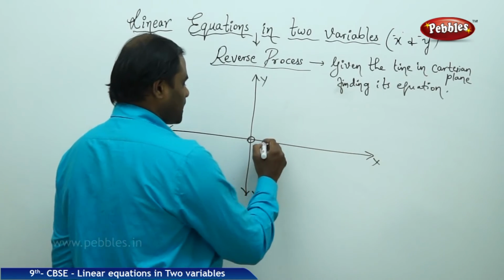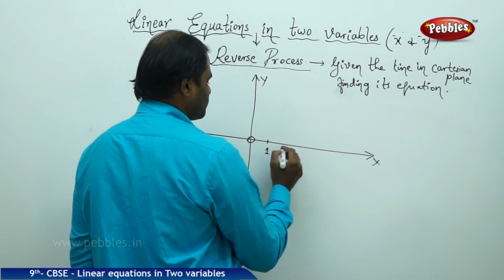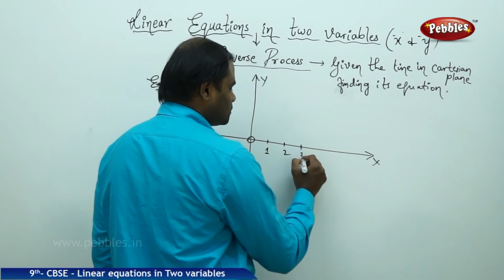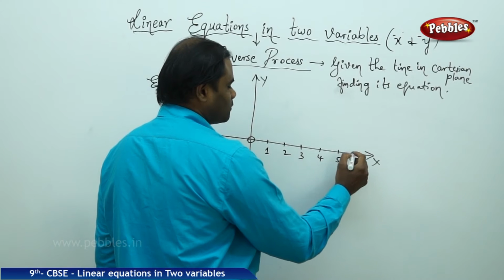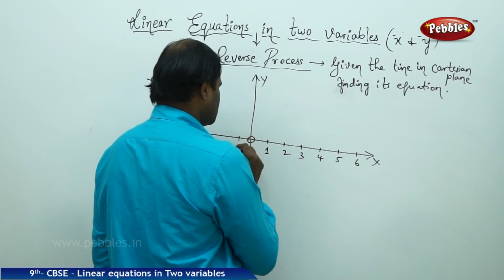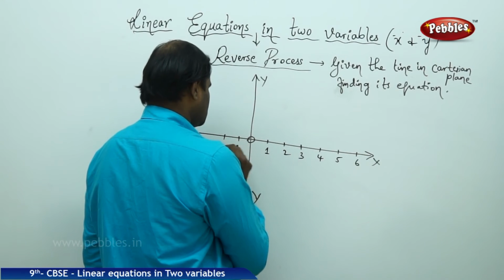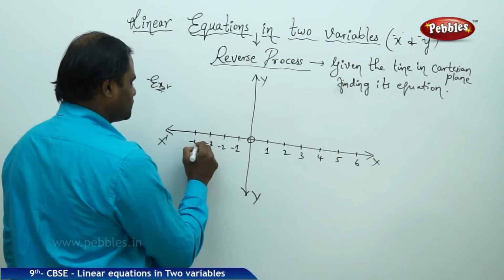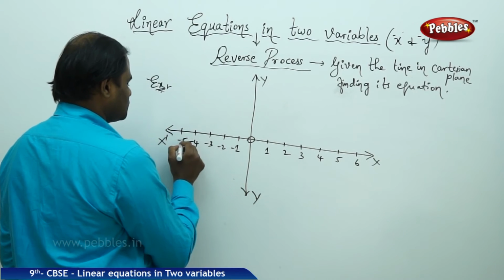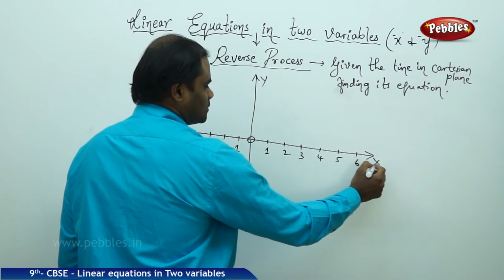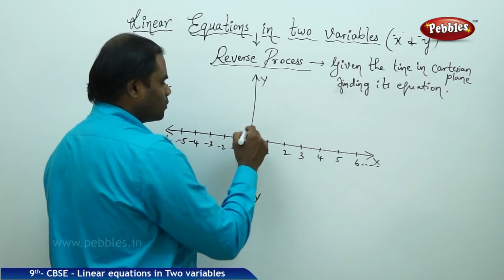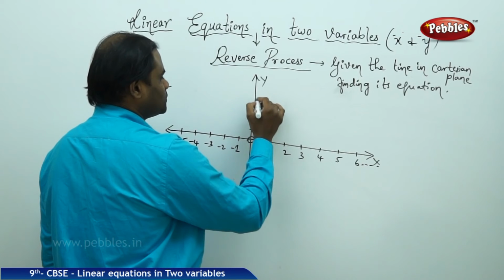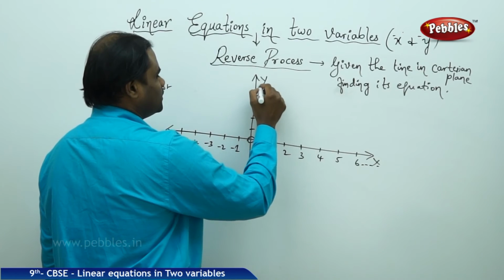Now let me take the scale on x-axis, which is 1, 2, 3, 4, 5, 6, minus 2, minus 3, and then along y-axis, which is 1, 2, 3.